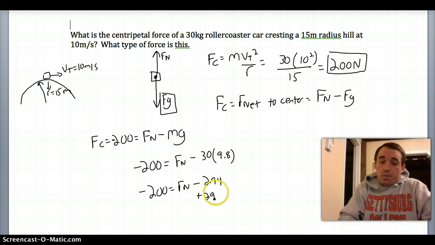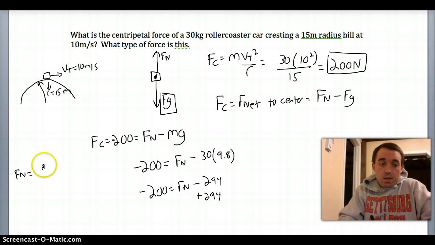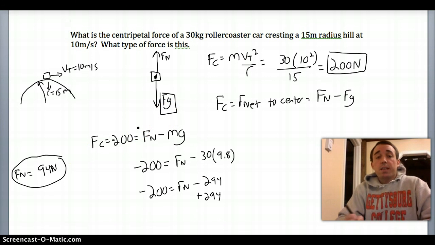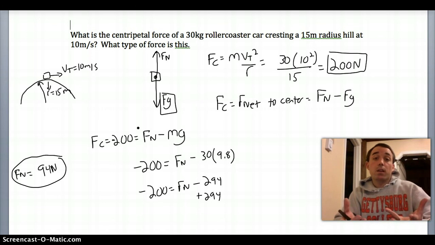You want to add 294 to both sides, and you get a normal force equal to, well, I can do that in my head, positive 94 newtons. First of all, we expect it to be positive because it's up. But what you notice is it's much less than the 294 that you otherwise would feel. And if you think about it, on a roller coaster, when you're going over the top of a hill, for that split second, as you're cresting, you feel a little lighter.